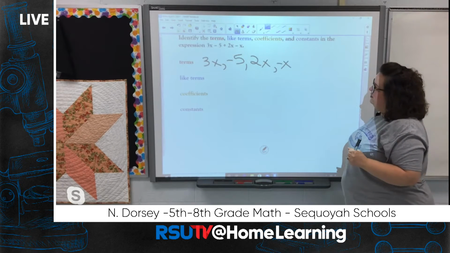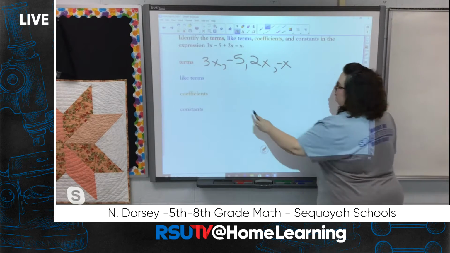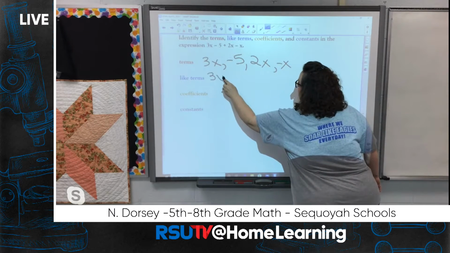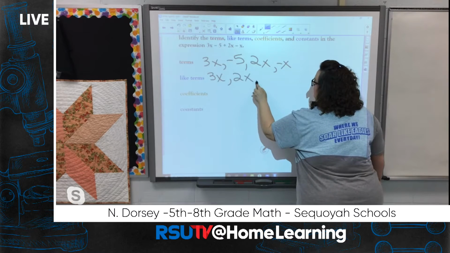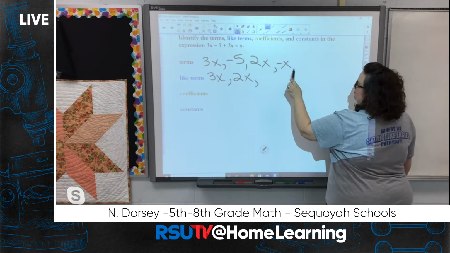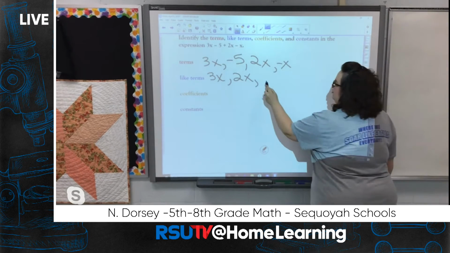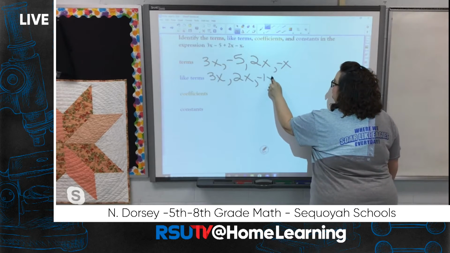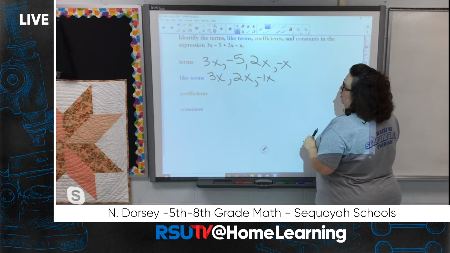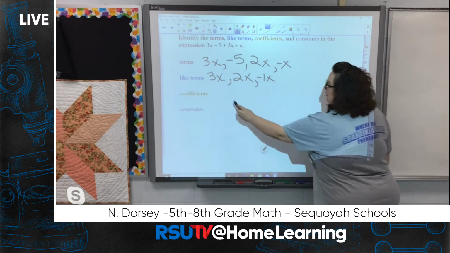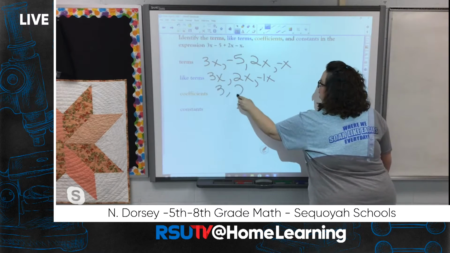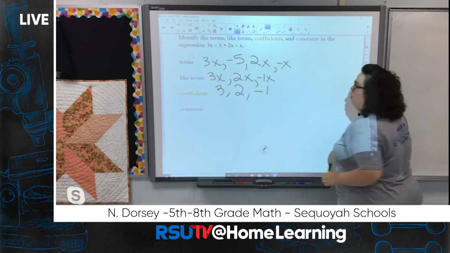The like terms in this example are 3x, 2x, and negative x. And for those that are visual learners, I'm going to put negative 1x so that you know what I'm talking about. And the coefficients in this example are 3, 2, and negative 1.